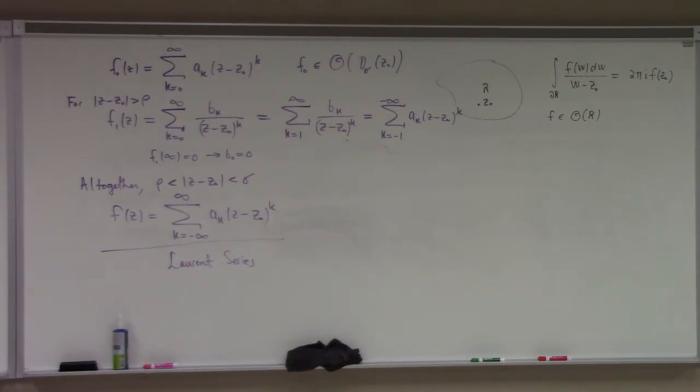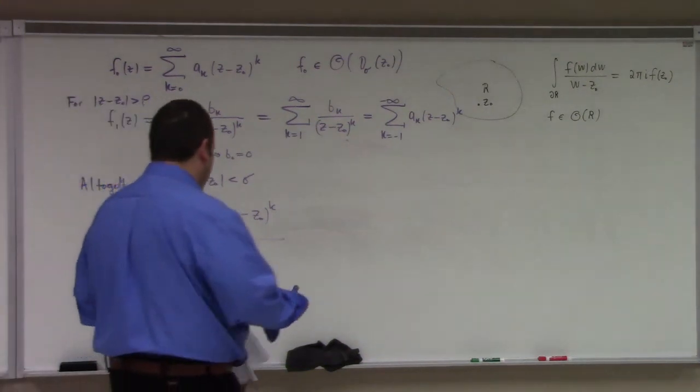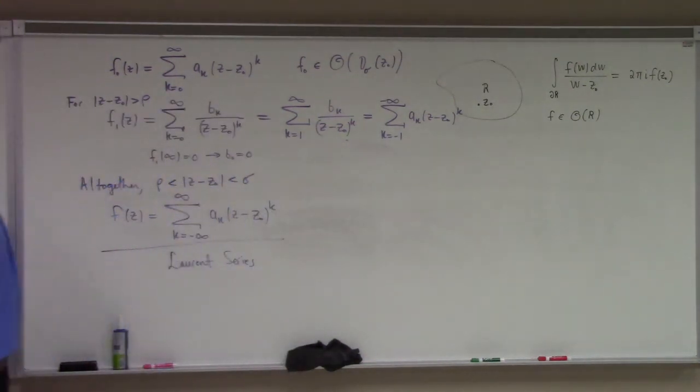But it's so much more than that, because what's really neat is if you take this thing and you integrate it, something really cool happens. What happens if we integrate the Laurent series decomposition for f?